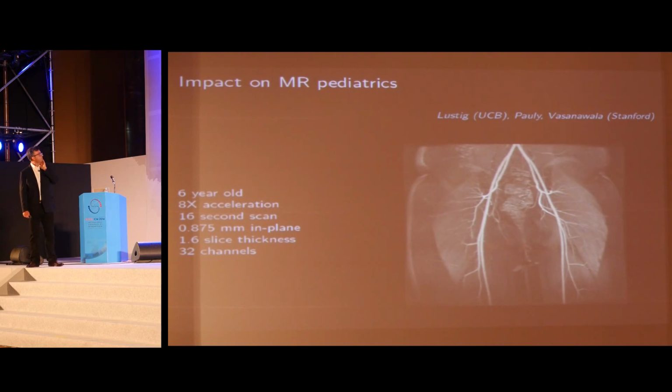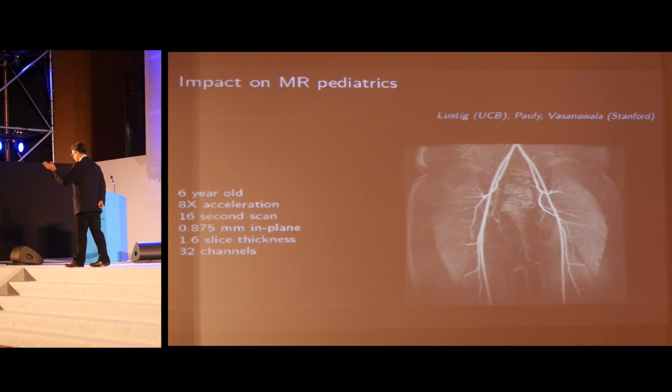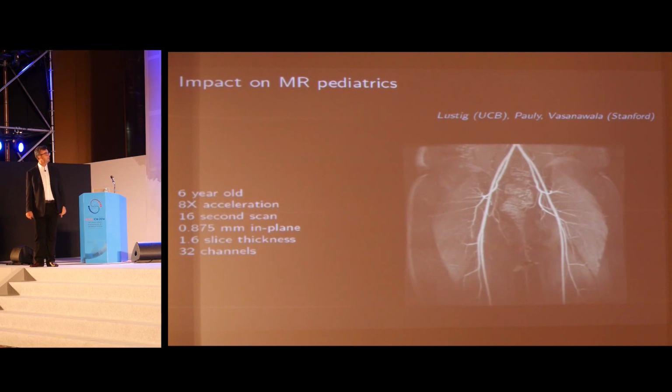A lot of medical teams have actually understood the opportunities offered by subsampling followed by optimization. Many people do this now, and if you go to MR conferences, a lot of it is about this. But I'm going to highlight the work of Lustig, Pauly, and Vasanawala that I know best.